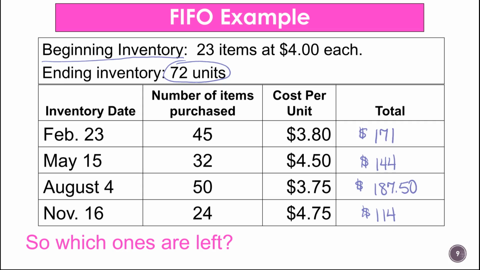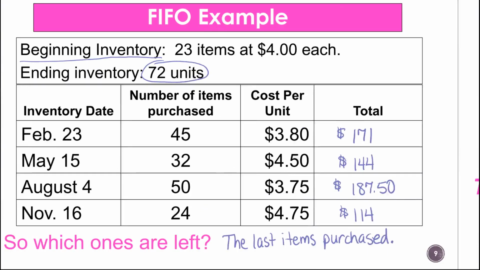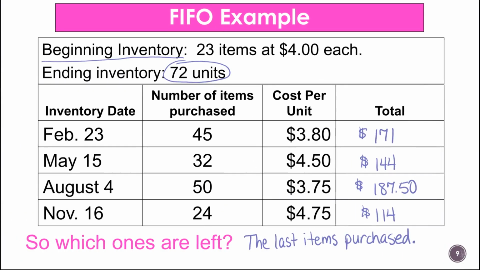So which ones are left? If it's first in, first out, then I would have sold my beginning inventory first, then the inventory I purchased in February, then March, and so on. So it would be the last items purchased. That's where I go for my 72 hammers. So we have to decide what I'm going to take from here.